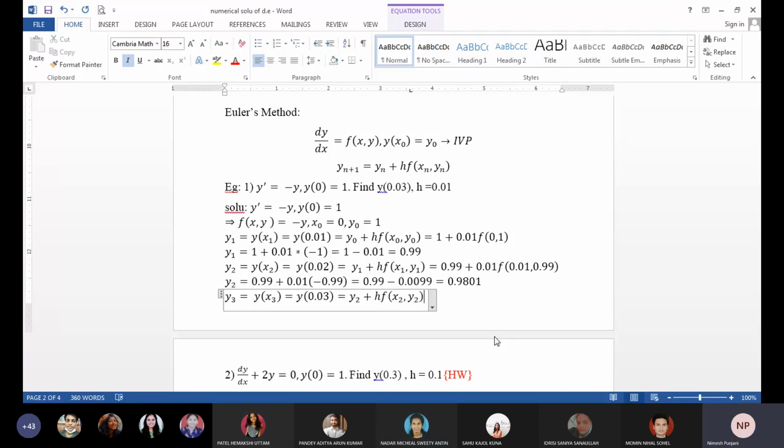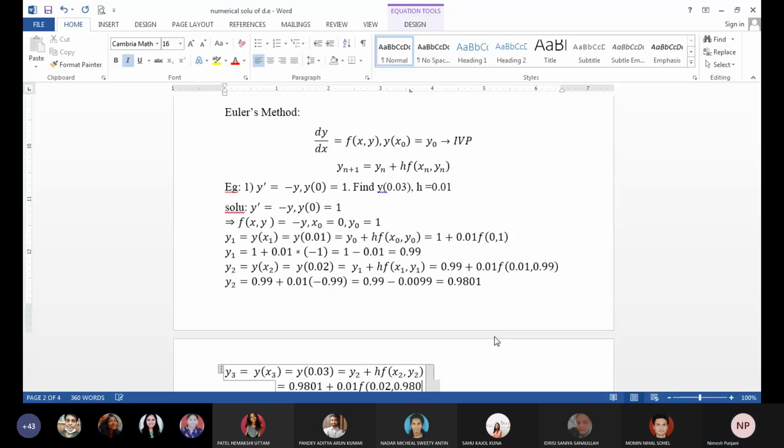Okay, y2 is 0.9801 plus 0.01 into f of x2, comma y2. So what will be the answer? Tell me what will be your answer now?